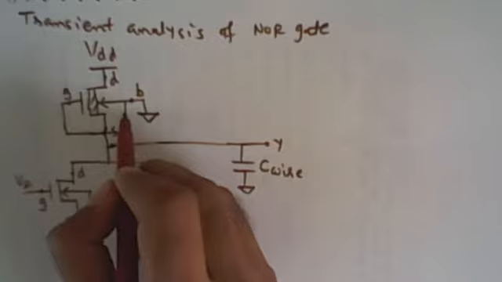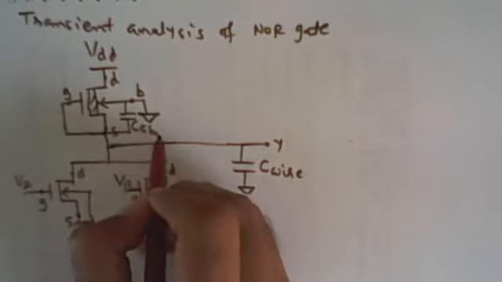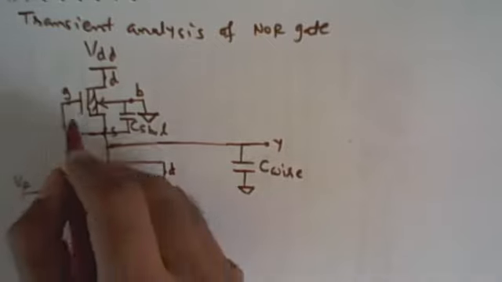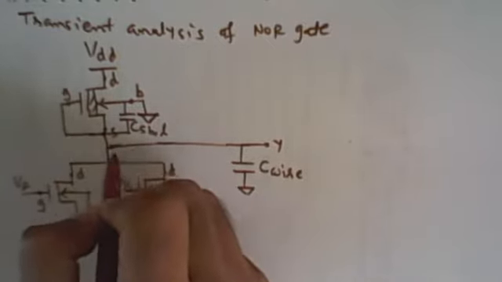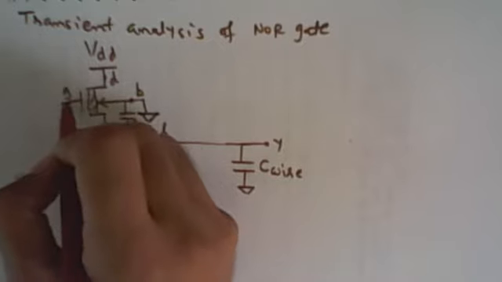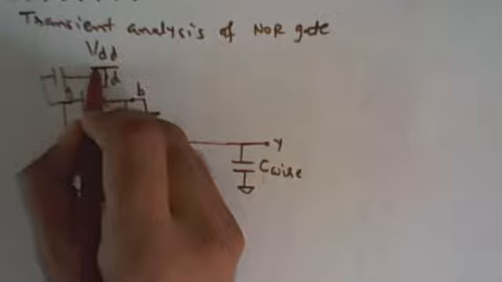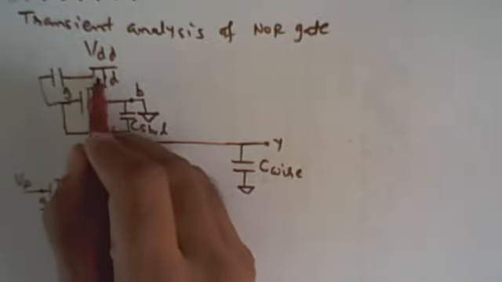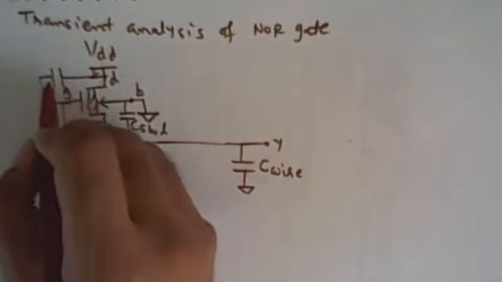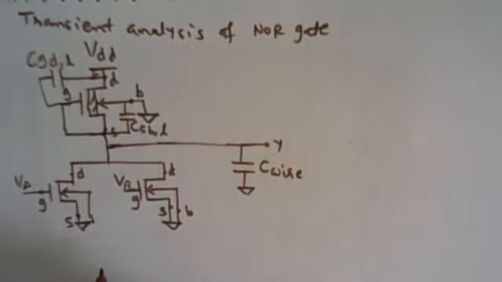So between source and bulk of the load MOSFET, CSB of load, and the gate is connected at output, and VDD, for the AC analysis, VDD is grounded. So between the drain and gate of the load MOSFET.